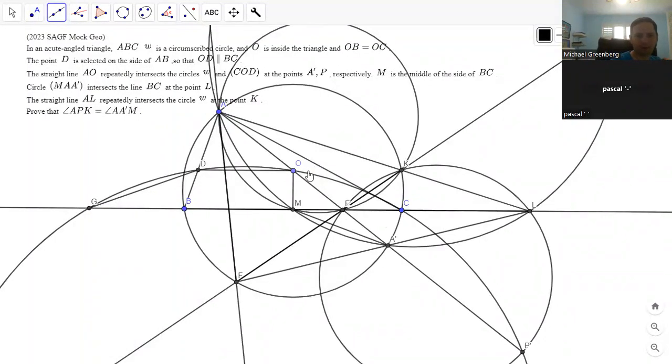Okay, so if we define D to be where the parallel meets it, then angle DOP is 180 minus AOD, which is 180 minus AEM, which is AC.